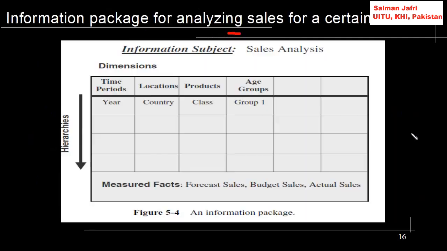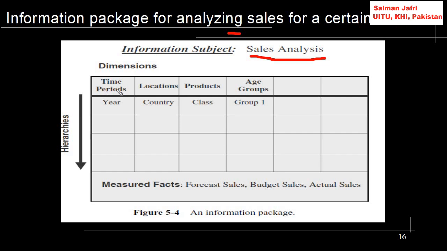Let's look at an example. So this is an information package for analyzing sales for a certain business, right? So what is the subject? Sales analysis, right? And it has the dimensions: time, which can be yearly, six monthly, quarterly, day, week, etc. Then the other dimension can be location, how much is sold for a particular location.